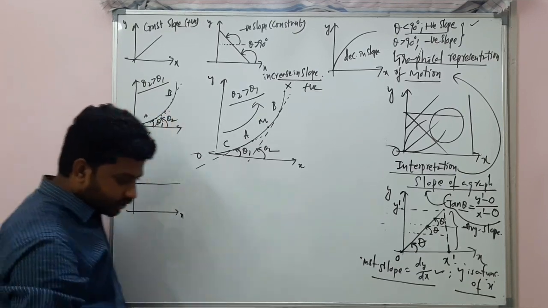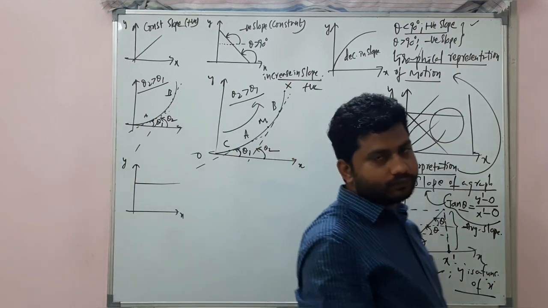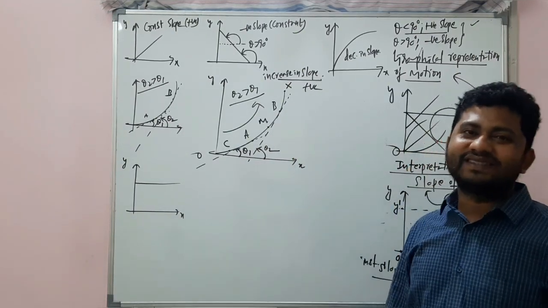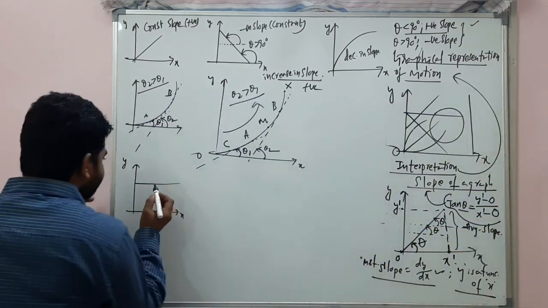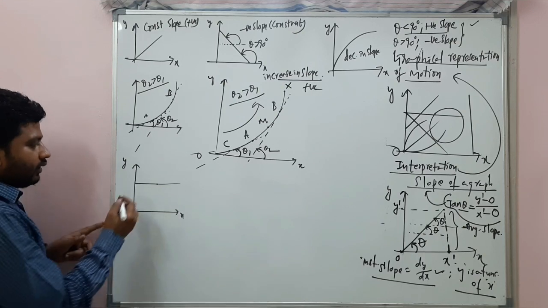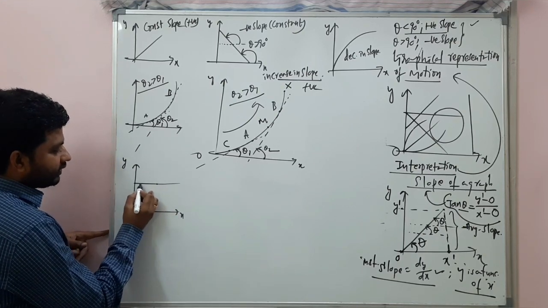Now look at this x y. See this. What is the slope of this graph here? The slope of this graph is 0 because at this point, if you want to find the slope, let us draw a tangent here.